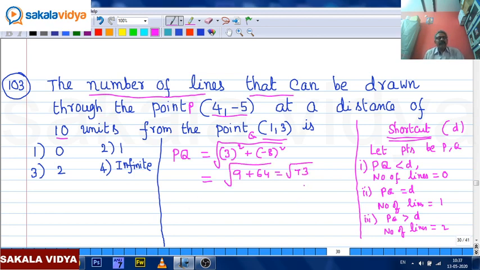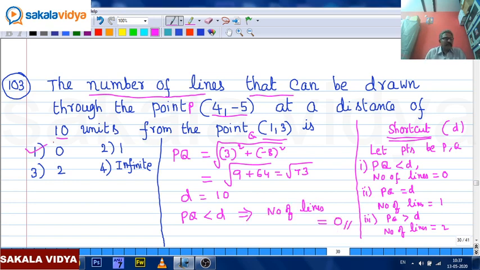Root 73 will be definitely less than 10, d is equal to 10. So PQ will be less than d. PQ will be less than d means number of lines is equal to 0.